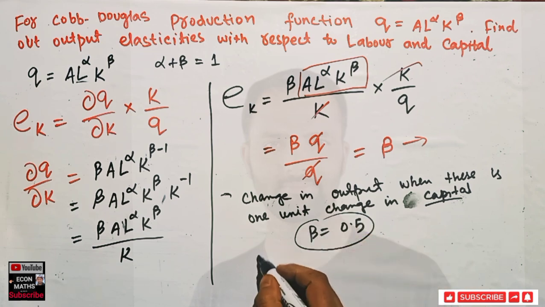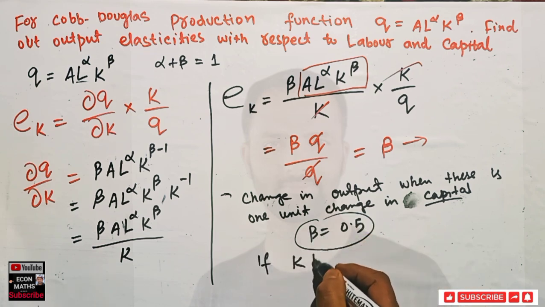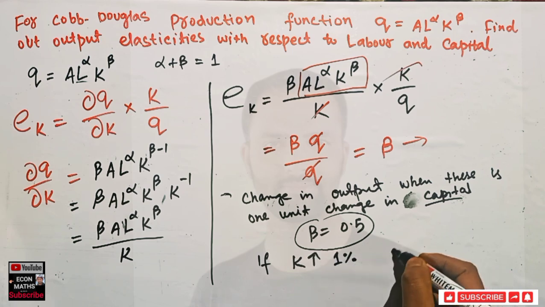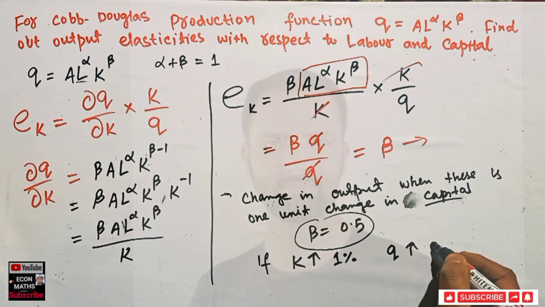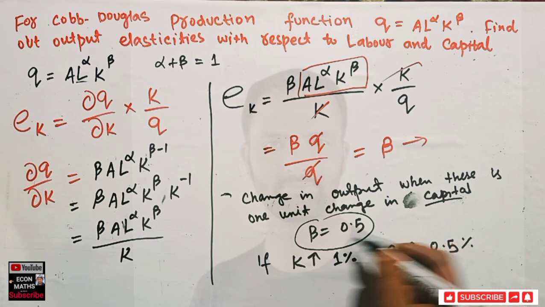It simply tells us if capital increases by 1%, output will increase by 0.5%.